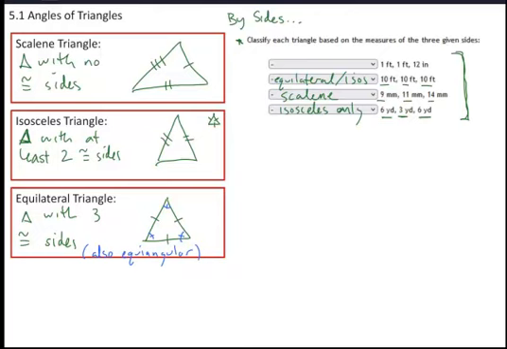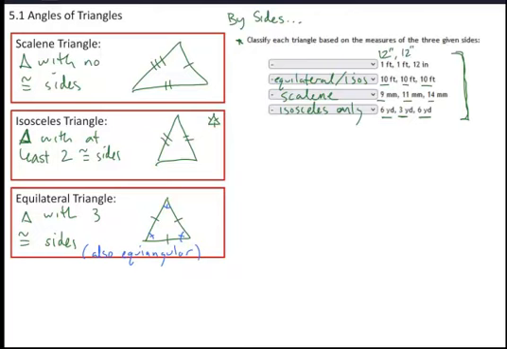The last one is the one that's tricky, because if you just look at the numbers 1, 1, and 12, it would seem like these are isosceles, right? But look at the units. 1 foot, 1 foot, and 12 inches. Each of the 1 feet represents how many inches? 12 inches, 12 inches, and then 12 inches.